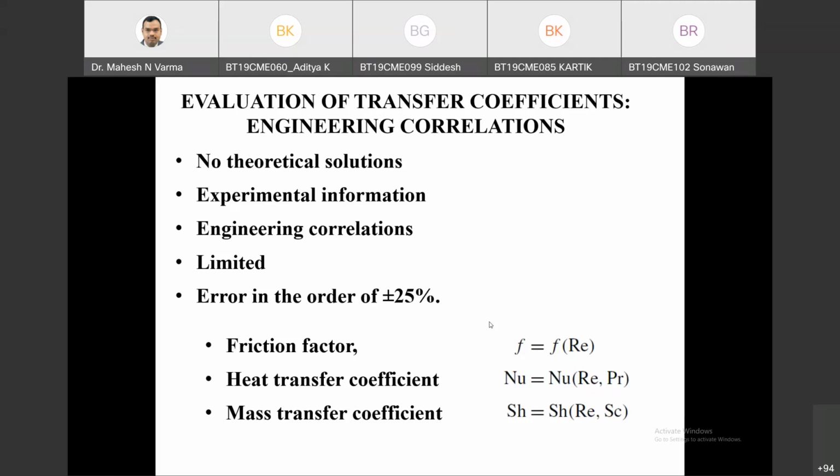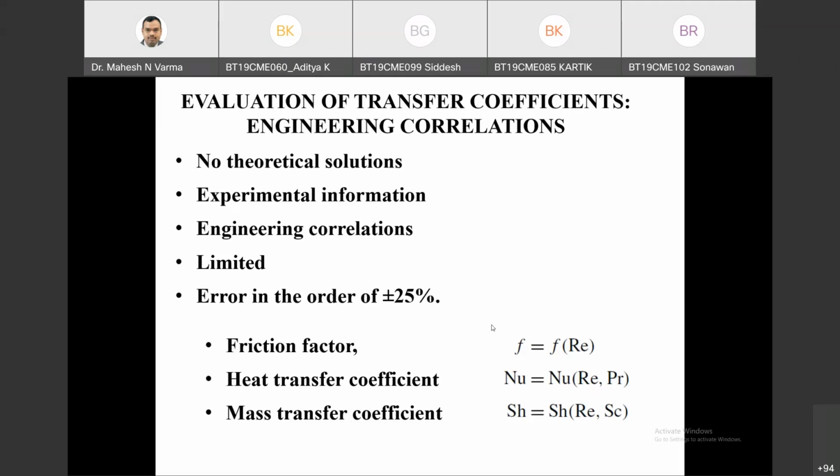While these are just a polynomial fitting, I can simply call it a correlation, Dittus-Boelter correlation. And then engineering is added because some dimensionless number inputs are given into that, hence engineering correlation. These are just a polynomial fitting. These are not a polynomial fitting. These are logically correlating the areas, hence they are called the analogy.